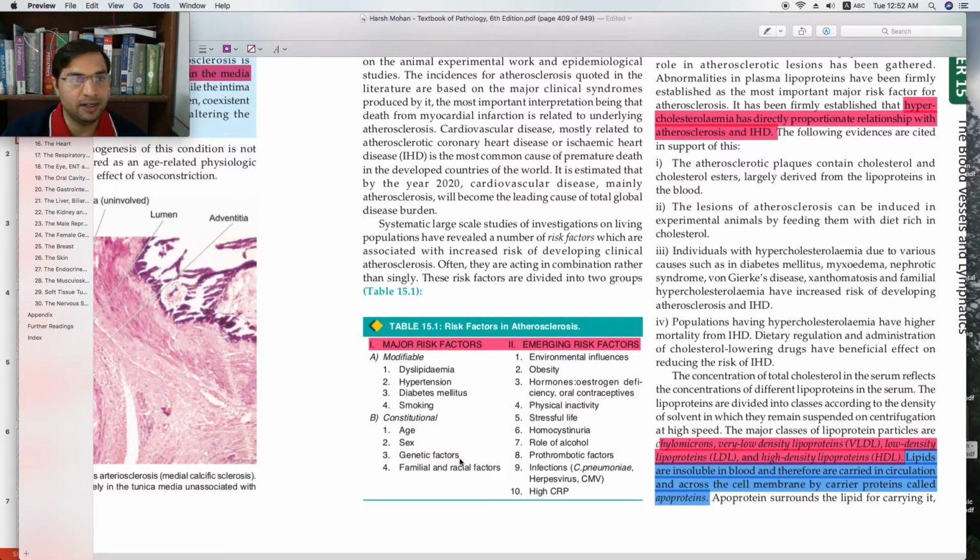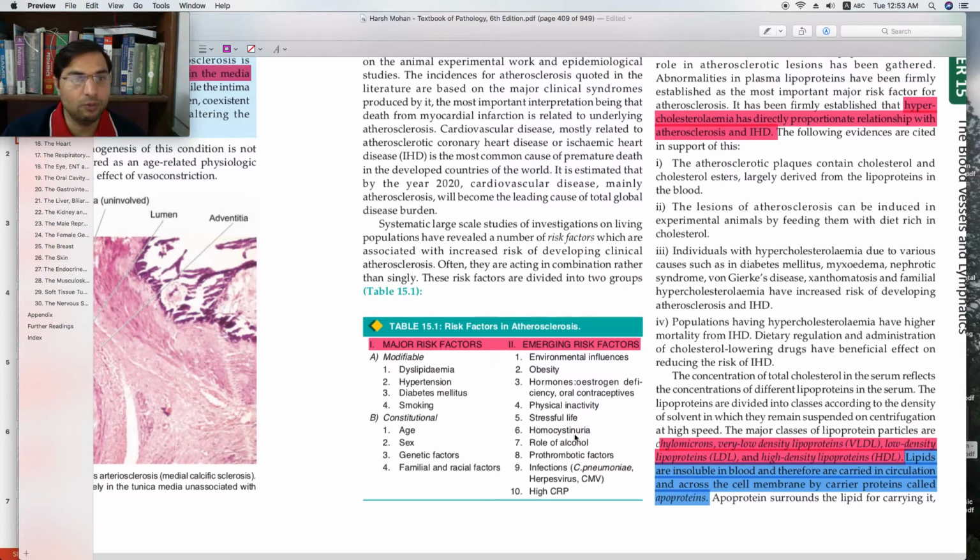Then genetic factors, some genes are responsible for development of atherosclerosis. Familial and racial factors, right? Some familial factors are there. Then environmental and other risk factors like obesity, hormones or estrogen deficiency, oral contraceptives, physical inactivity, stressful life, right?